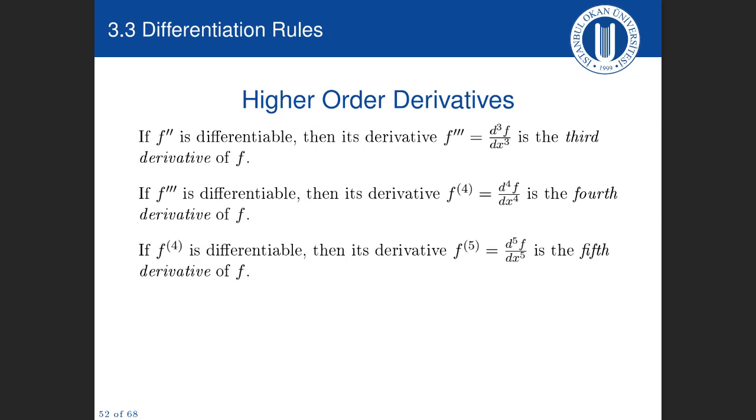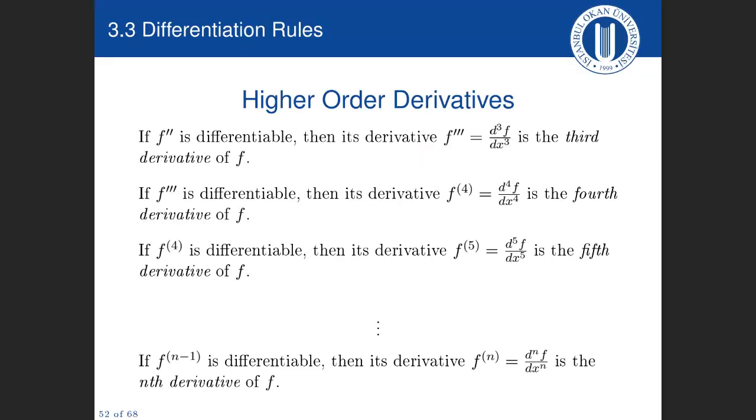And if the fourth derivative of f is differentiable, then its derivative is the fifth derivative of f, etc., etc., etc. We could say if the (n minus 1)th derivative of f is differentiable, then its derivative is the nth derivative of f.